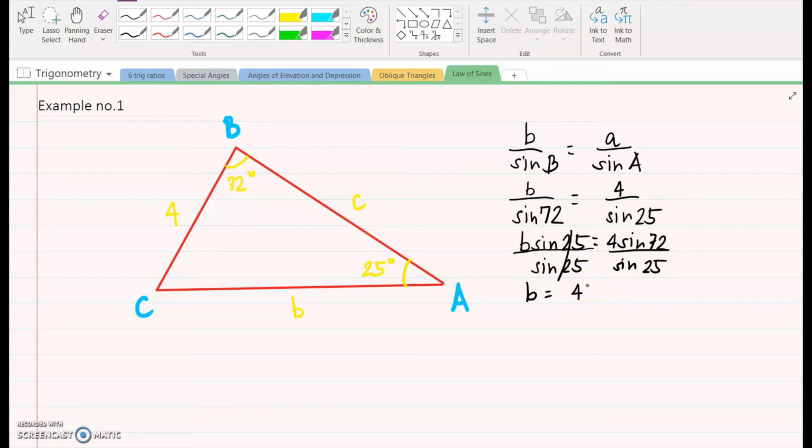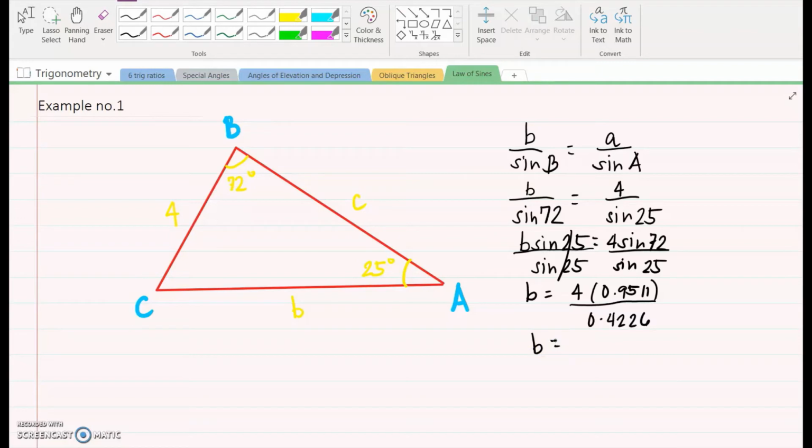So we can type sine 72 in our calculator. Sine 72 is 0.9511, so we just round it off, over sine 25, which is 0.4226.